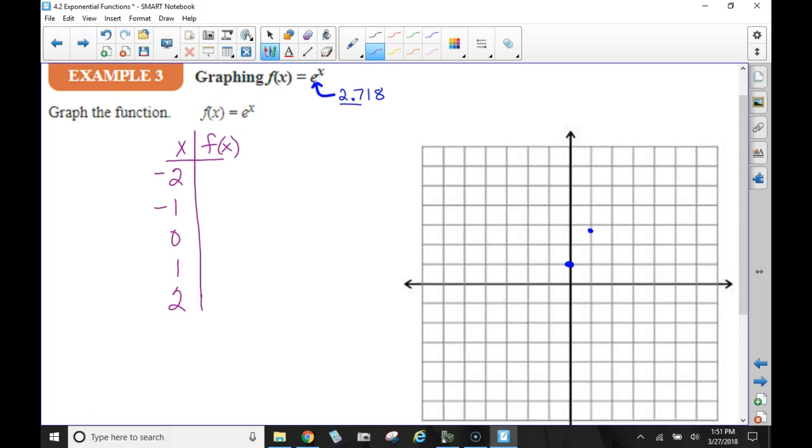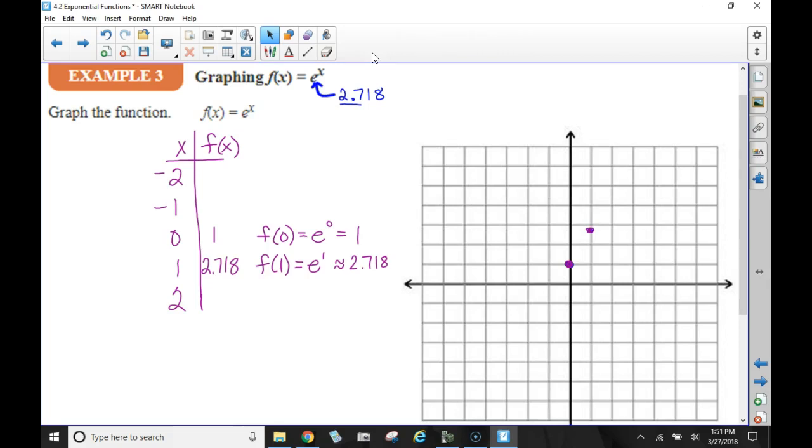We already know e to the 0 is 1, because my function evaluated at 0 is e to the 0, and anything to the 0 power is 1. When x is 1, we have e to the first, which is just going to be e, which is about 2.718. Those are the 2 points I already have plotted.